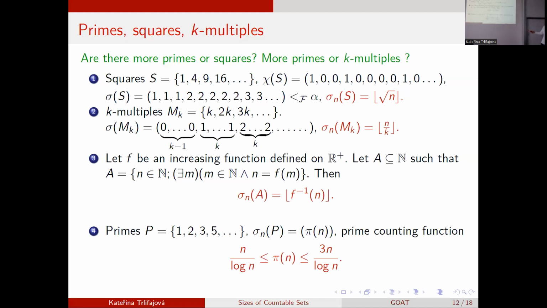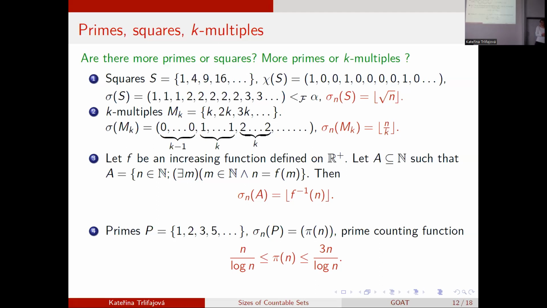It can be estimated this way: it is the number of primes that are less than n, and their number can be estimated within these borders.